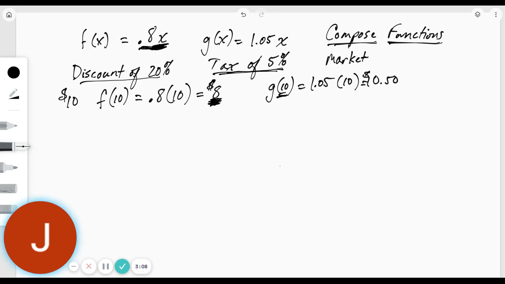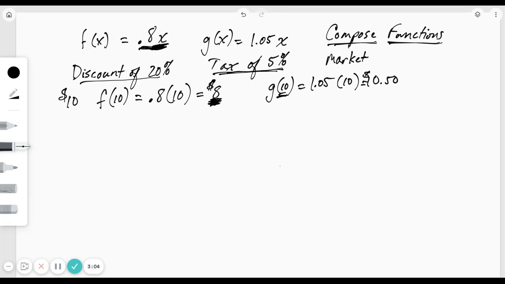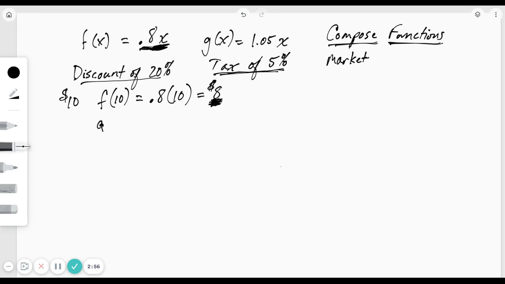So that's what we mean when we say we compose a function. So rather than do the G of 10, we're going to do the G of the F of X, which is the G of whatever came out of here. So it's going to be G of 8.